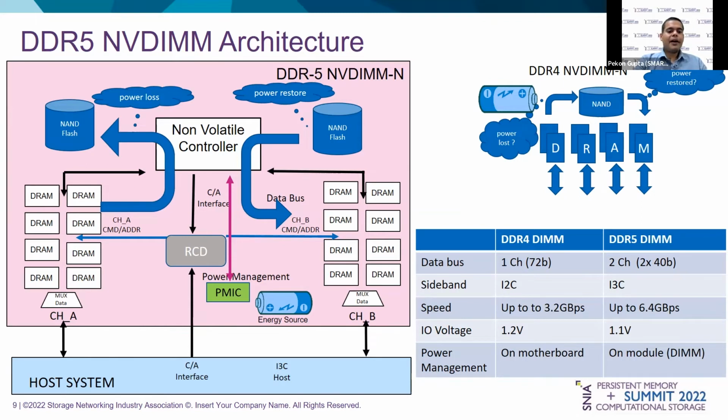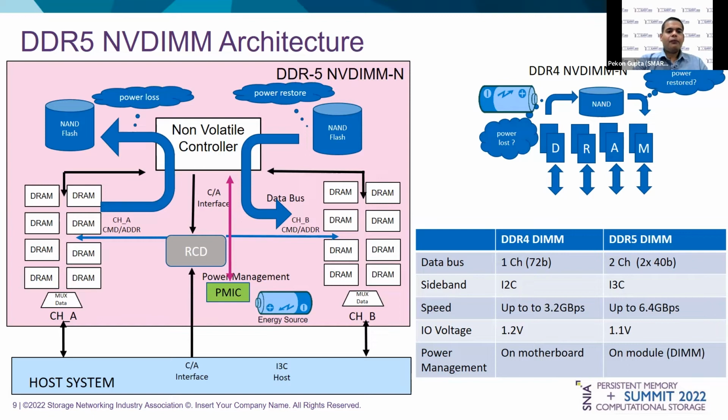It's a power management IC which manages the power for DRAMs and any other circuitry on the board. Having a PMIC on an NVDIMM-N architecture is very helpful because now you have local control over how the power has to be managed within different components of the system.